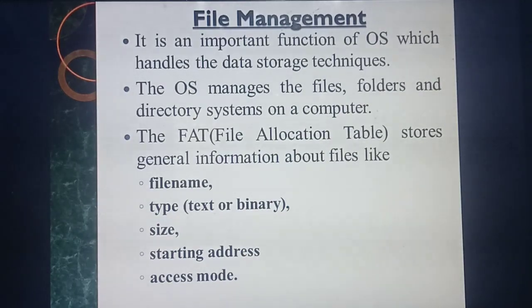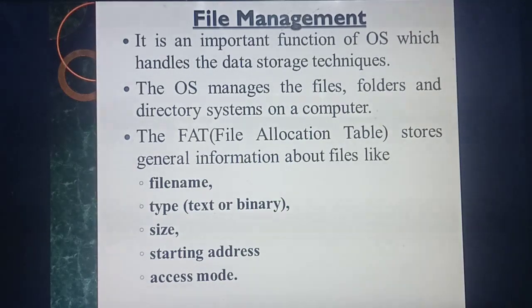Once you store a particular file, the operating system will do some work. For example, you are going to save a Word file in your computer. The operating system will give particular information about the file. All the files and folders, whatever you are storing inside the computer, all will be managed by whom?